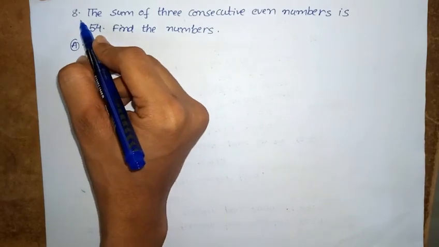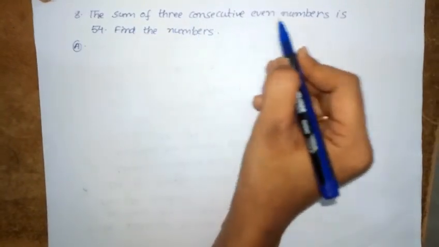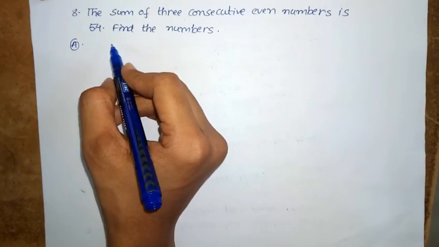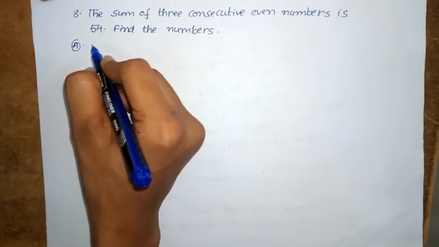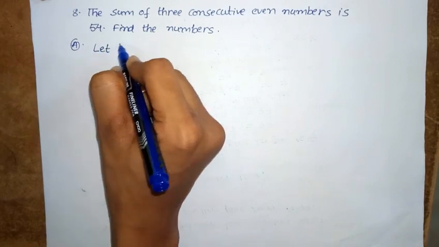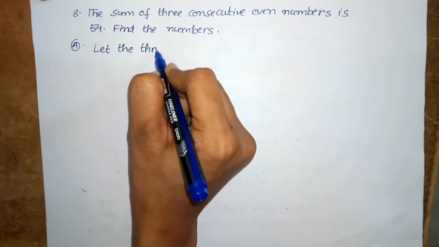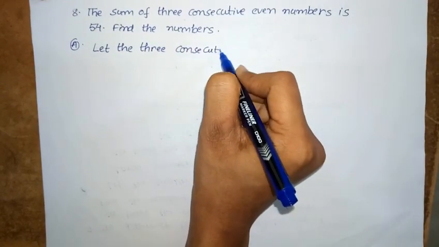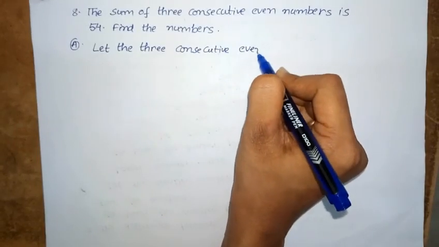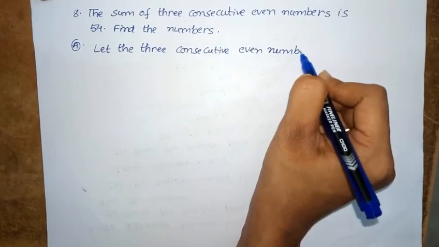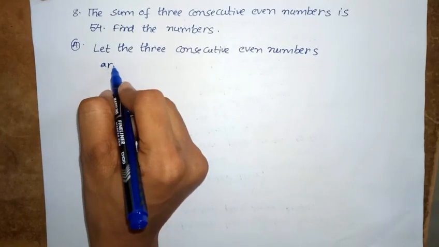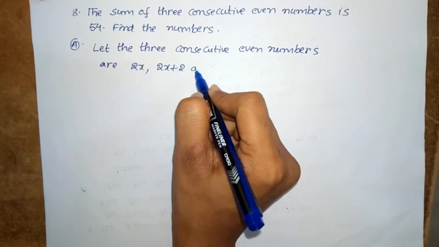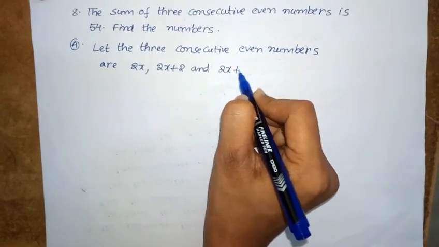Next problem, the 8th one. The sum of 3 consecutive even numbers is 54. Find the numbers. So first, let the 3 consecutive even numbers be 2x, 2x plus 2 and 2x plus 4.